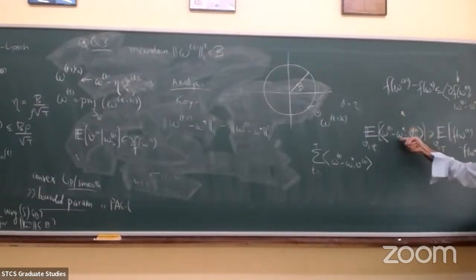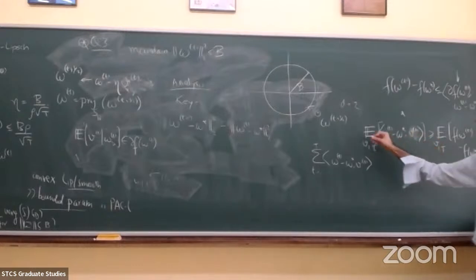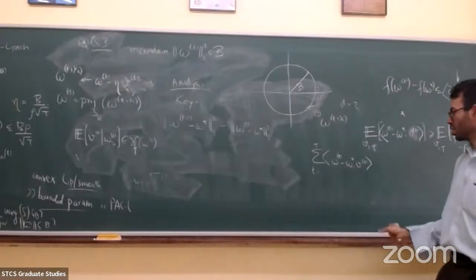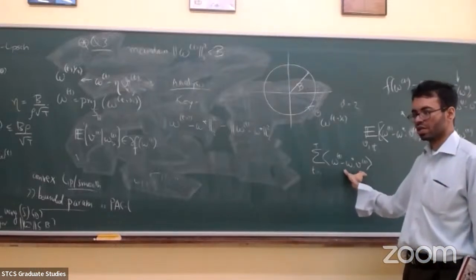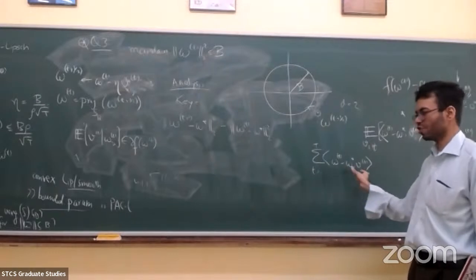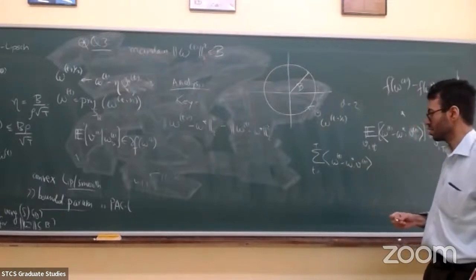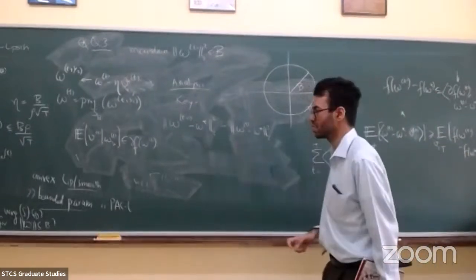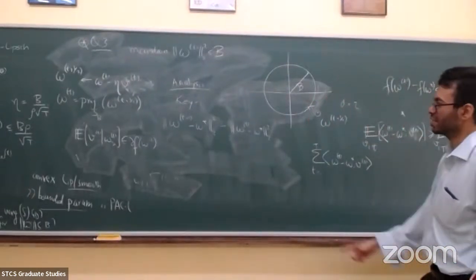To understand what happens, essentially I have to do something about this one. And how had we performed this? We had used this squares idea. So we had written this inner product as the difference of some squares, and that difference turned out to be something like this. Why was it something like this?